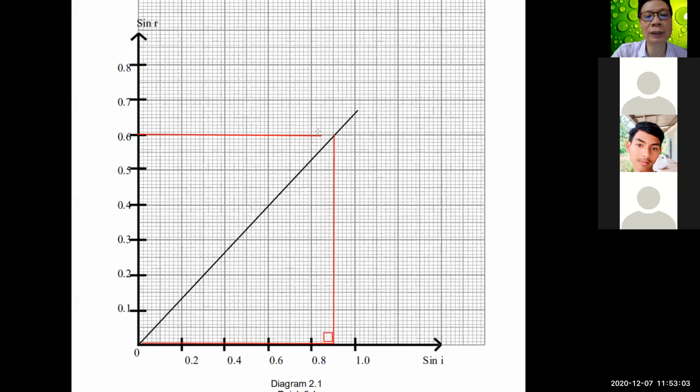Don't be lazy, you must draw the line. Then from here to here, you see the answer 0.9. But 0.9 is not the final answer yet, because this 0.9 is sin i. The question asks for i, so you need to find the i value.